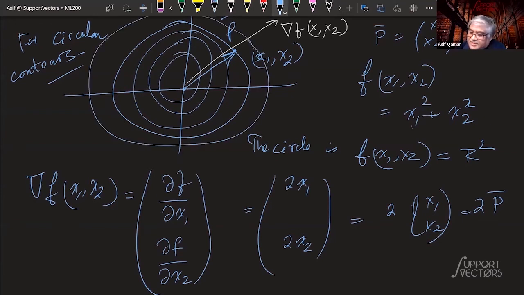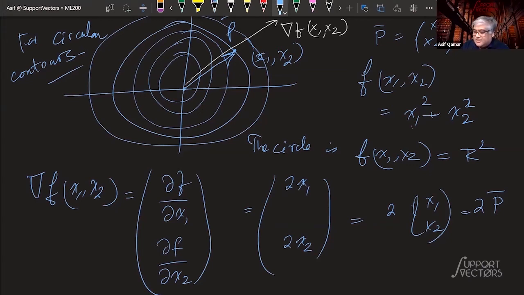Along the circles, the function has to be constant. Those are constant value curves for the function. What is the direction of the gradient relative to those circles? Is it parallel, inclined, or perpendicular? It's perpendicular.